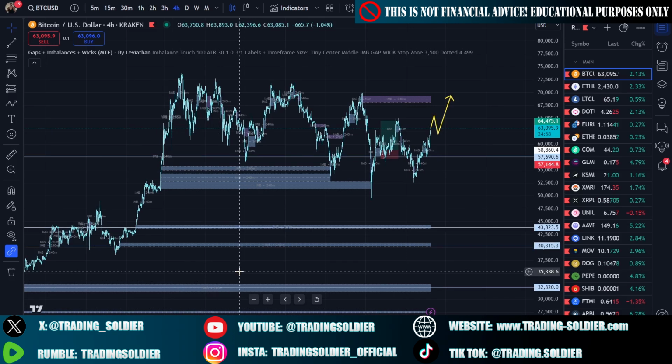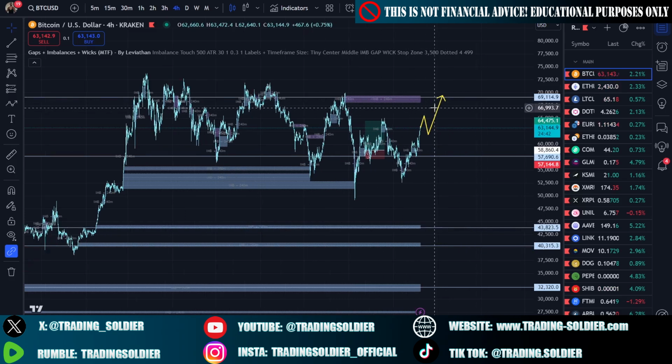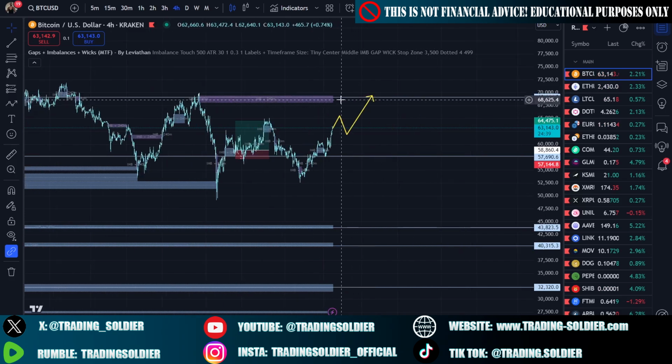You see here the big imbalance areas where a lot of liquidity is sitting to fill the long positions. We can assume a lot of limit orders are waiting here to get filled. And as resistance we have this bearish imbalance here at 70k.